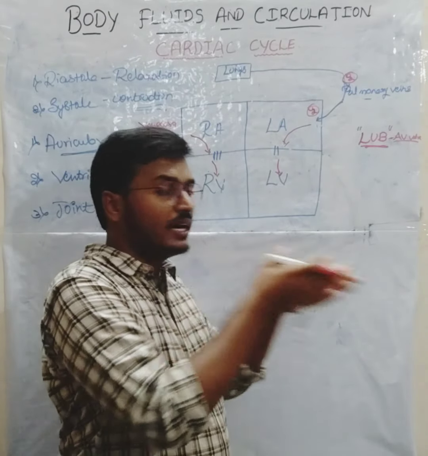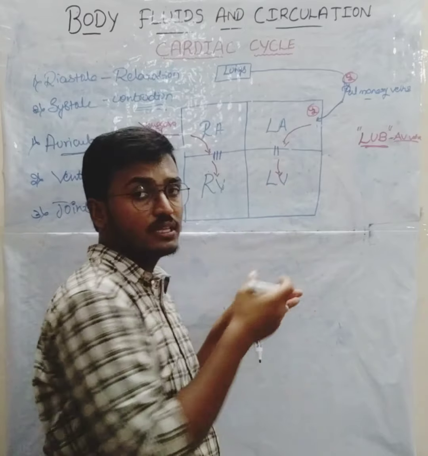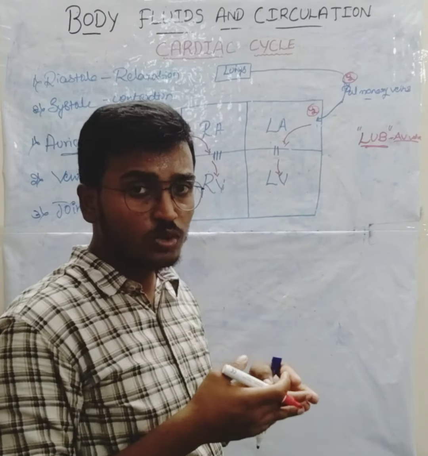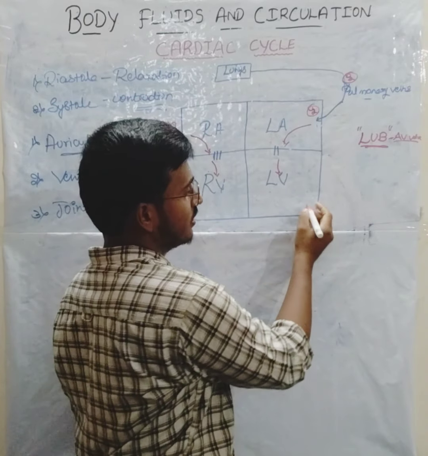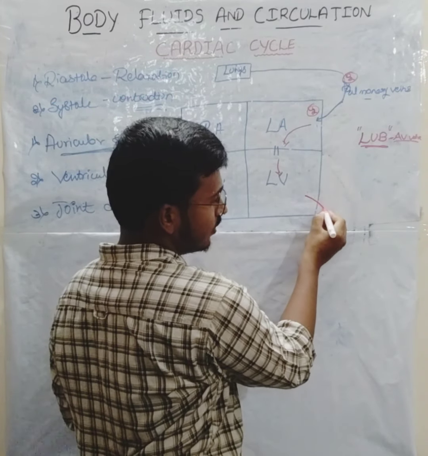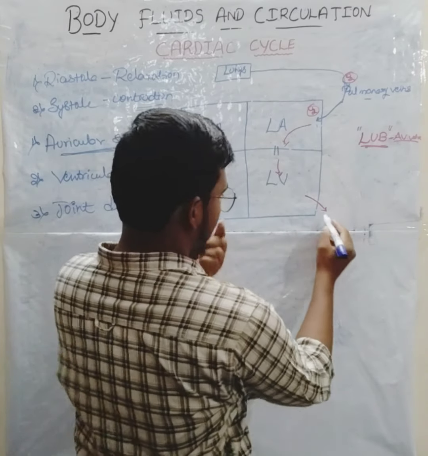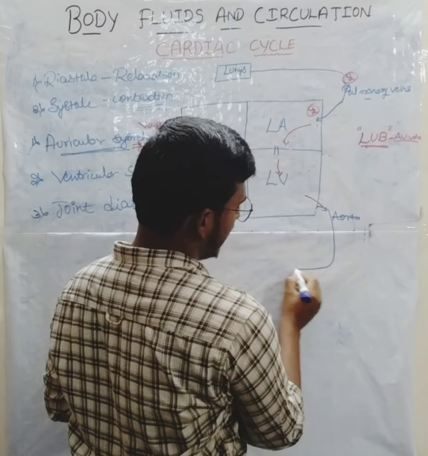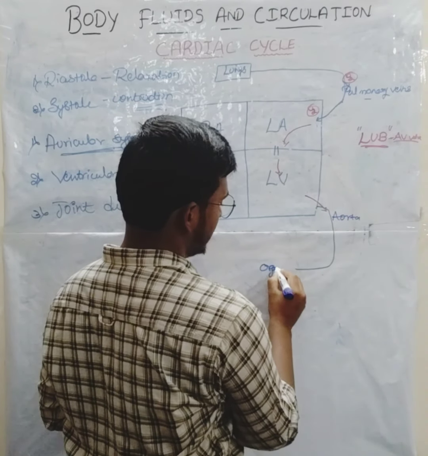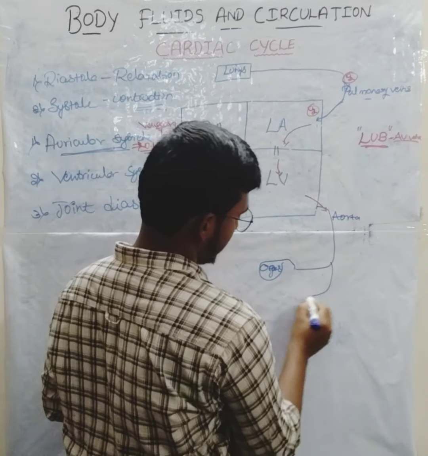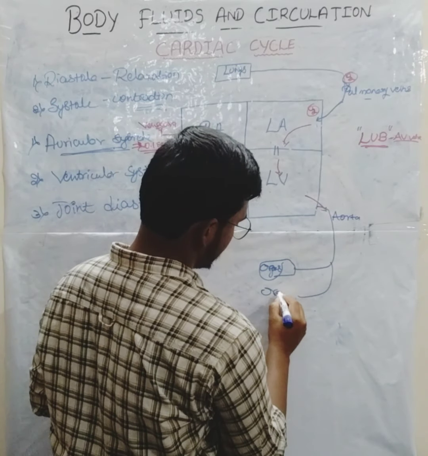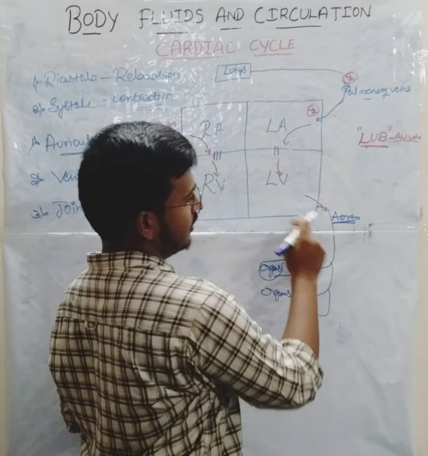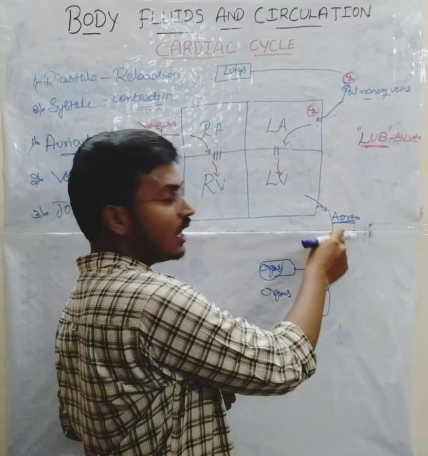When the pressure in the ventricles is more, the blood comes out through the aorta. Consider this is the aorta. Through the aorta blood goes to the organs, the body parts. It divides through many organs. From the left ventricle to outside, that is the aorta.